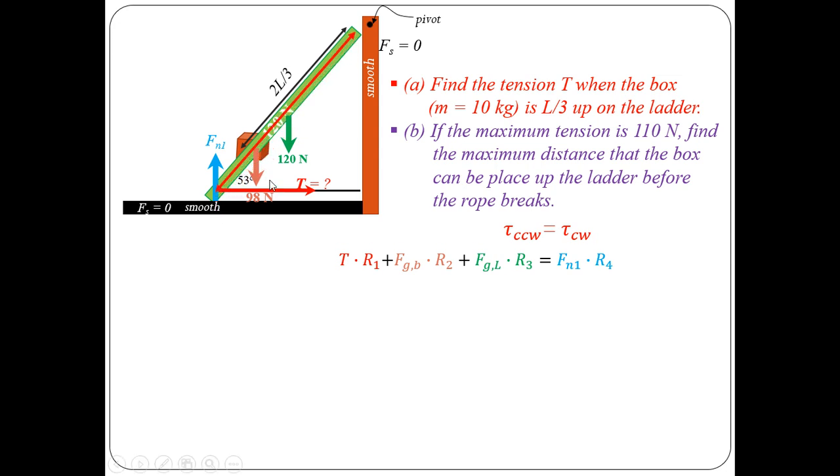Okay. So the first vector we'll take is T, and T is a distance of L from the pivot all the way down to the end of the ladder. That's the distance of L, but we don't want to use L. T lies in the x direction already, so we need the opposite. Okay, so this dash line comes up, and that is a leg that we need because T is in the x direction.